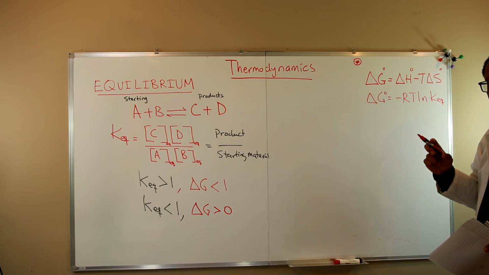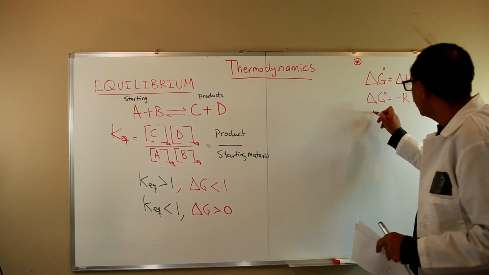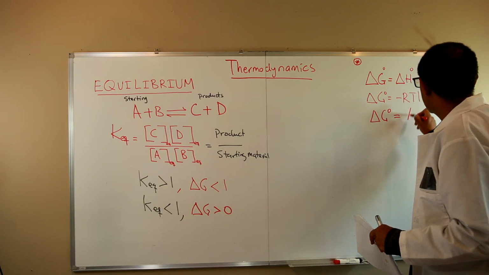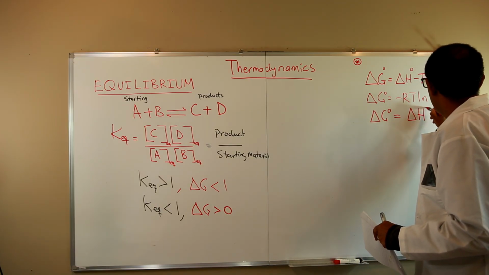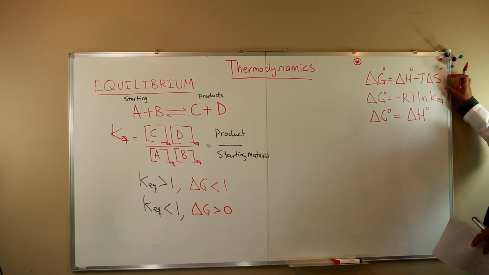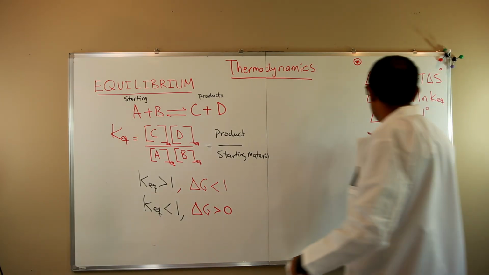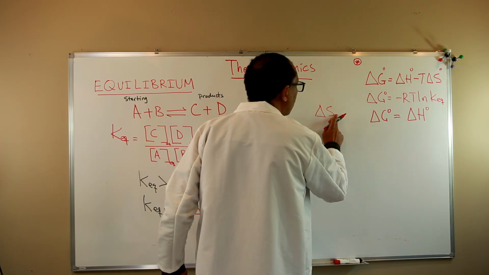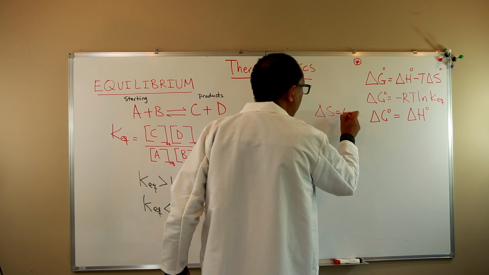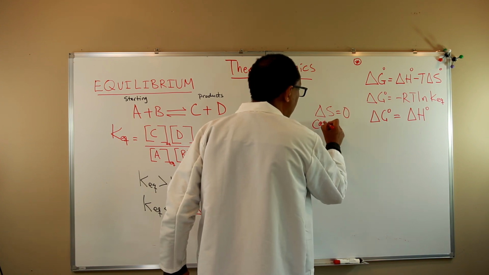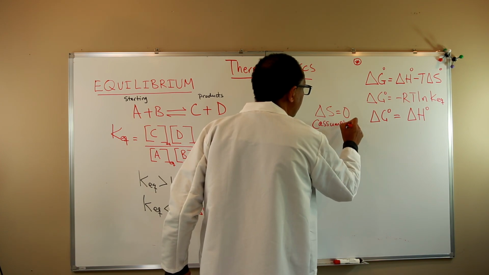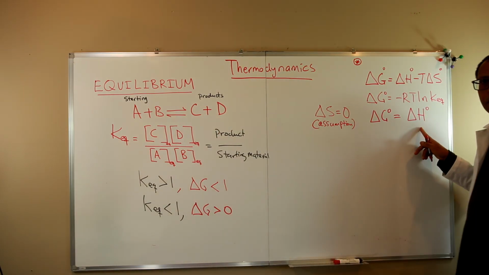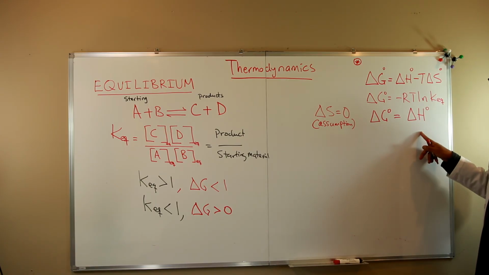In that situation, remember that delta G naught, the upper equation, can equate just to the enthalpy, because we are assuming here delta S, the entropy change, is 0. There are no significant entropy changes in organic reactions, so this is an assumption. If we assume delta S to be 0, free energy and enthalpy of a reaction are equal.